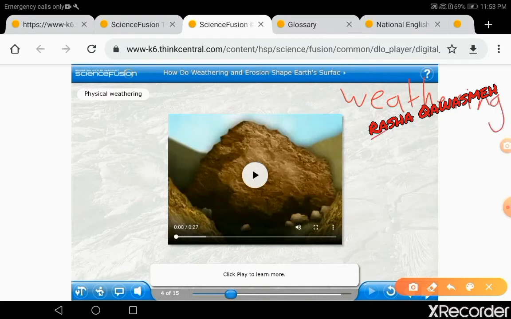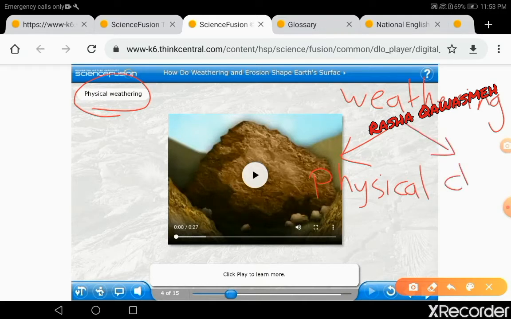We have 2 types. The first one is called physical weathering. The other one is called chemical weathering. Okay? Now, physical weathering is caused by many things. For example, when 2 rocks hit each other, they will be broken into smaller parts.